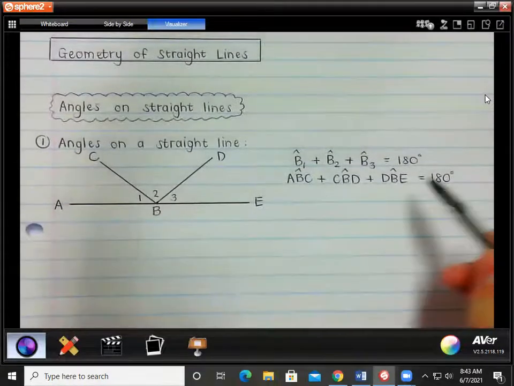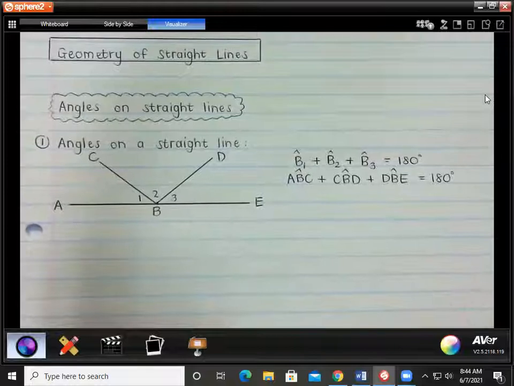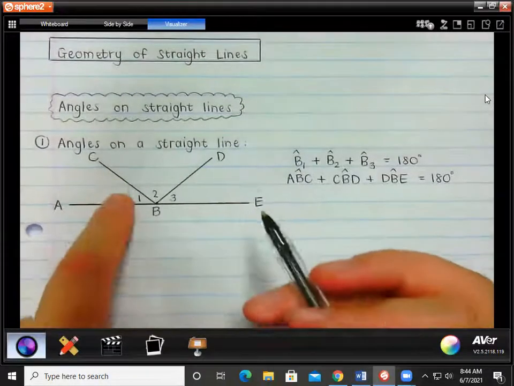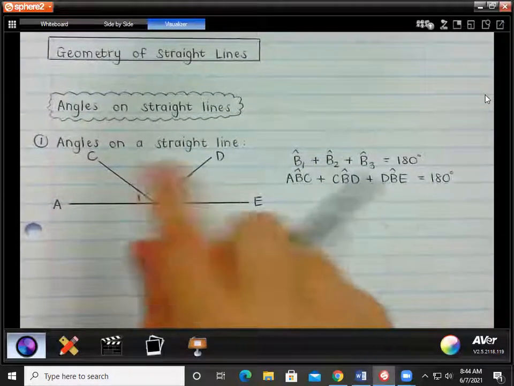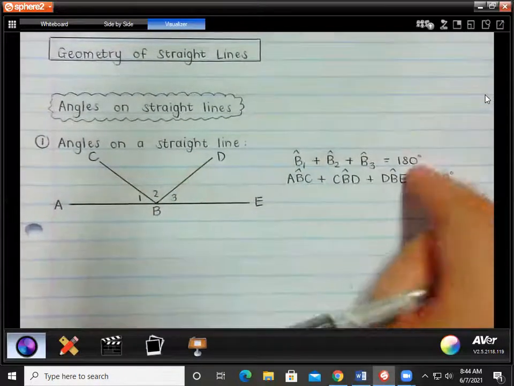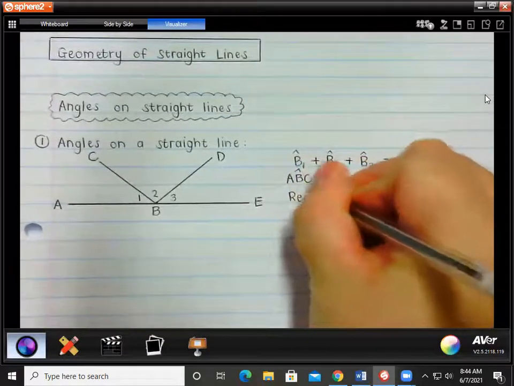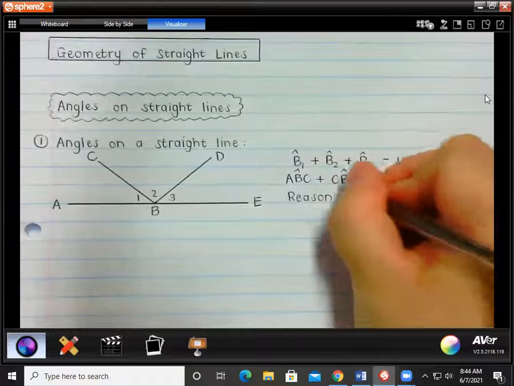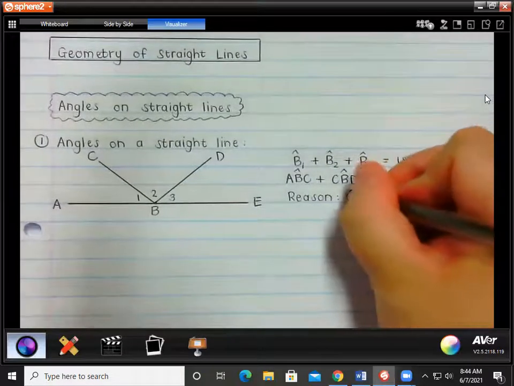Okay, now the reason for this, whenever you are using the fact that these three angles must add up to 180, say for example, they've given you B1 and B3 and you need to figure out what B2 is, you're going to use that rule, but then your reason is, so let's write that, reason. And I'm going to put it in brackets because that is how you need to write it down. Okay, you have to put it in brackets.